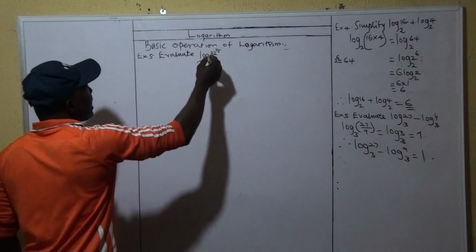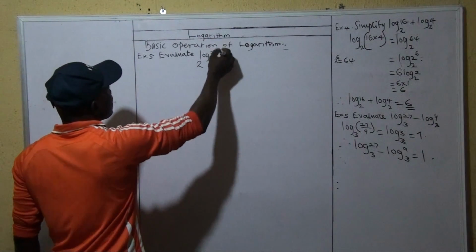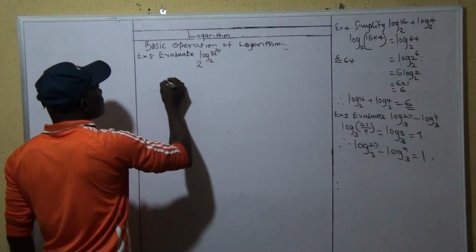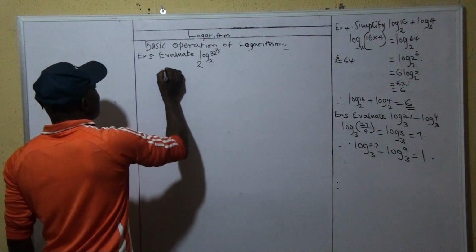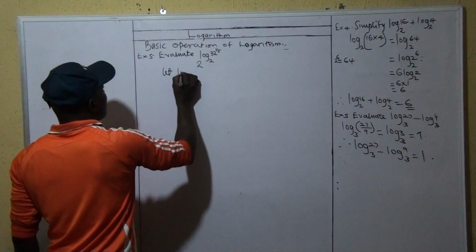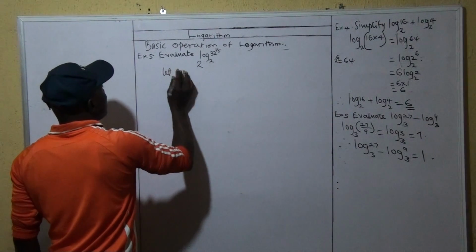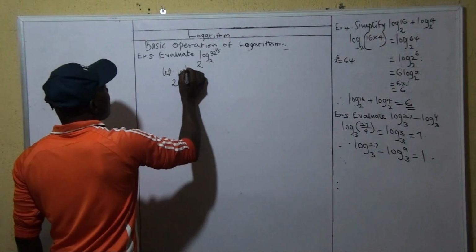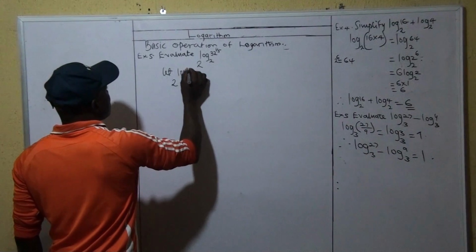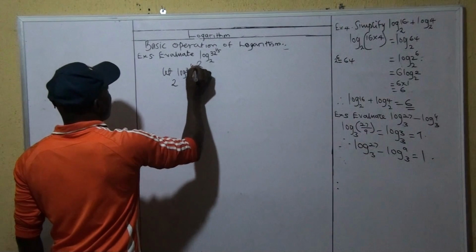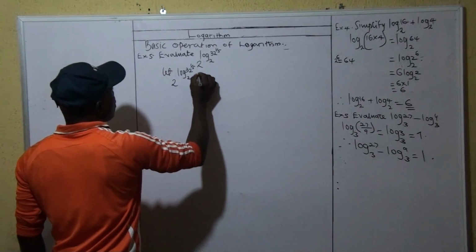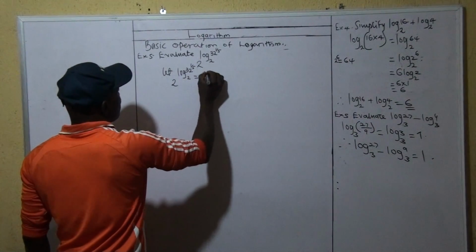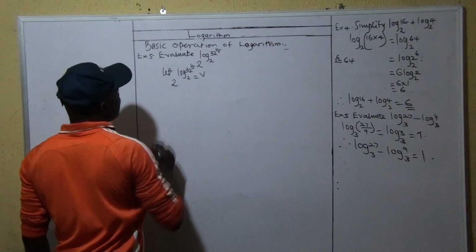But everything here is something, so we cannot say that. Let 2 raised to power log of 32 raised to power 1 over 5 be equal to v.